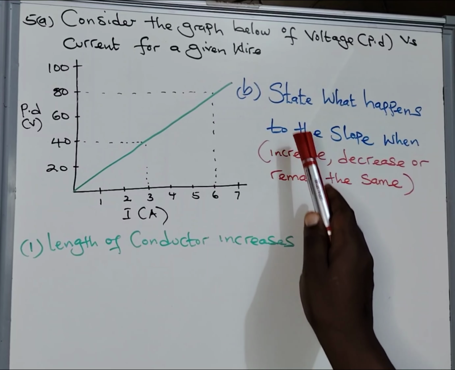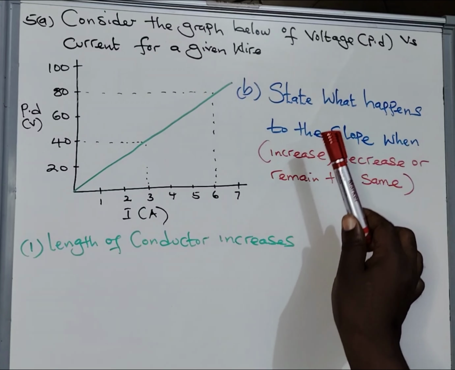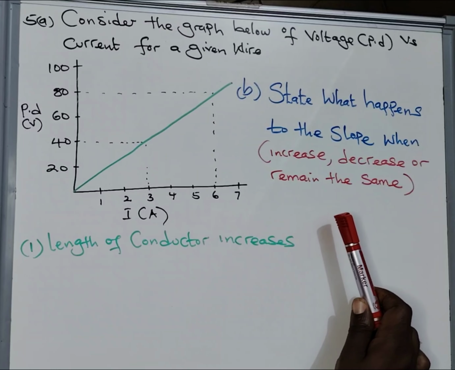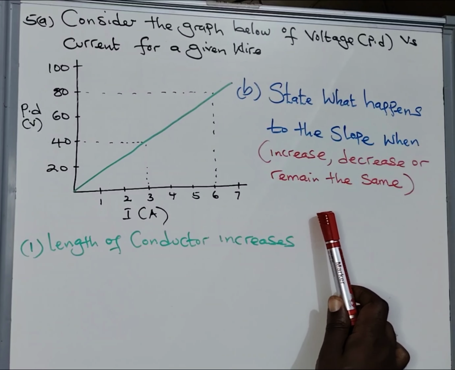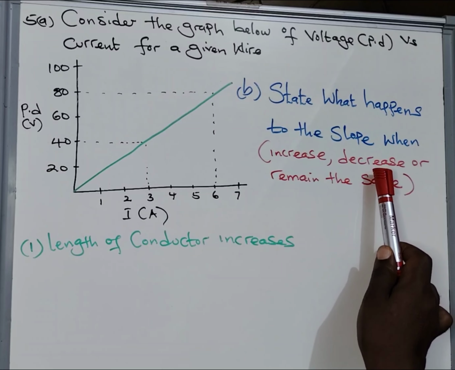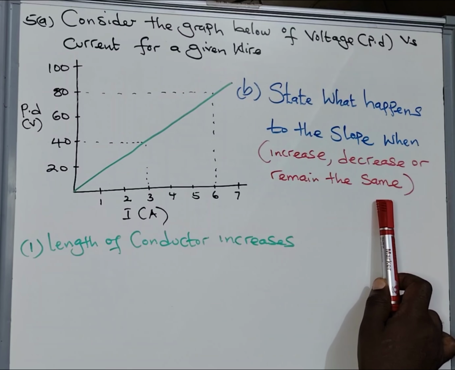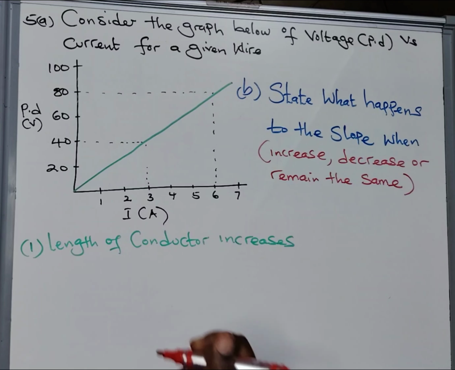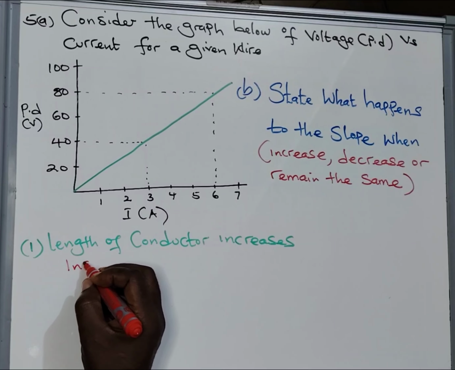Then we come to this question. It says, state what happens to the slope when, the answer should be increase, decrease, or remain the same, when the length of the conductor increases. The answer is it will increase.